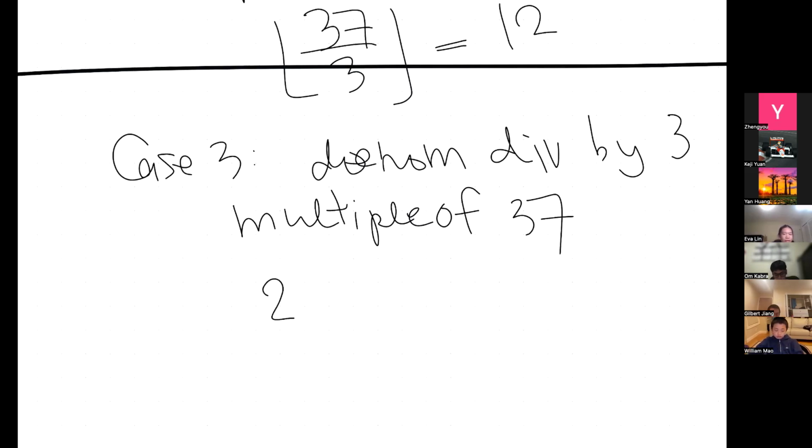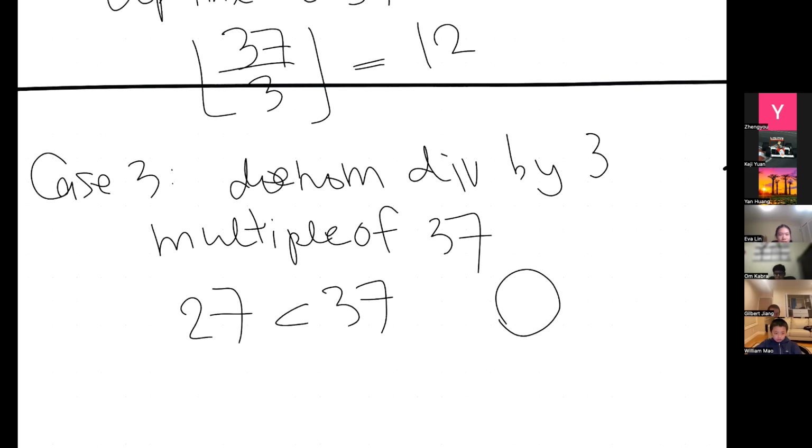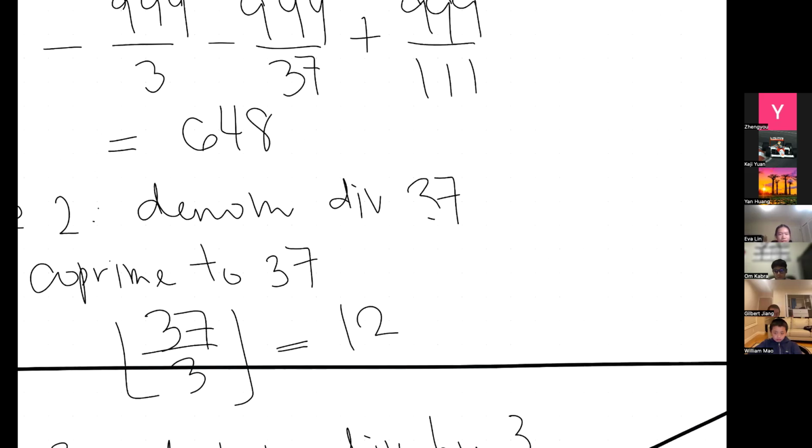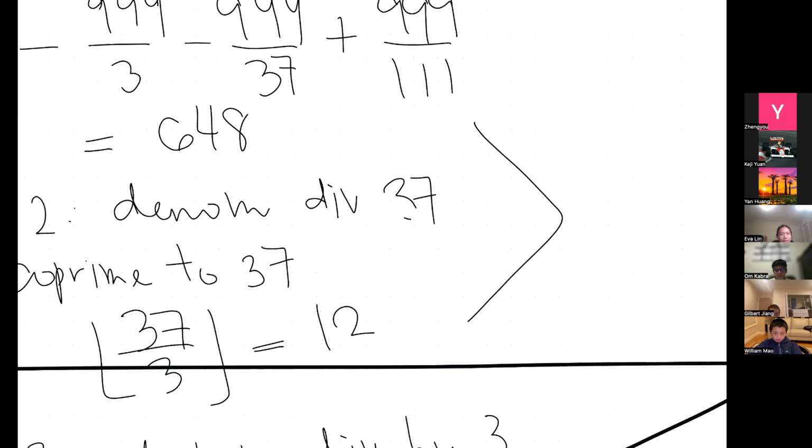But then since this has to be a fraction less than 1, and 27 is less than 37, that means we get no additional values of m from here. So we have 648 plus 12, and you get 660 as your final answer.